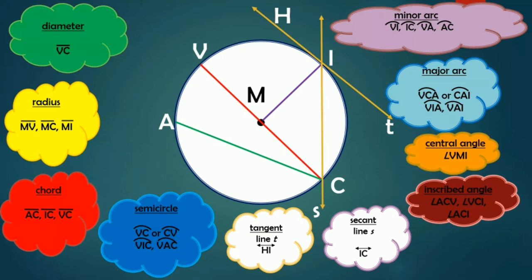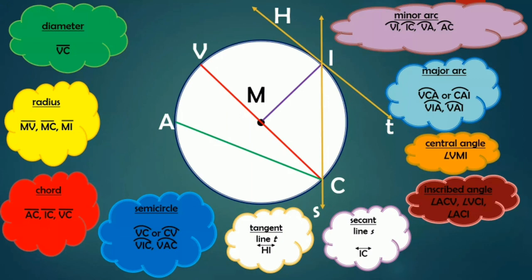Remember that a central angle is an angle whose vertex is at the center of the circle. So we have angle BMI and angle IMC. Now let's proceed to the inscribed angle. An inscribed angle is an angle whose vertex is on the circle. So we have angle ACB, angle BCI, and angle ACI.